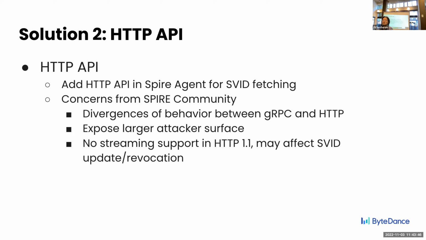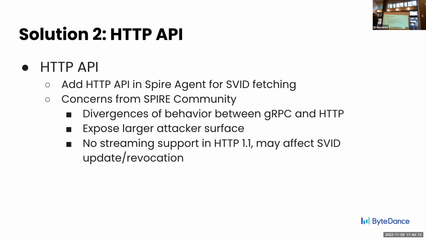We don't want to lower our security bar. So instead, we propose to add HTTP APIs in the ZTI agent. This way, we can get rid of the gRPC API and still achieve a similar security level. We proposed this idea to the SPIFFE community, but unfortunately, they have their own concerns.